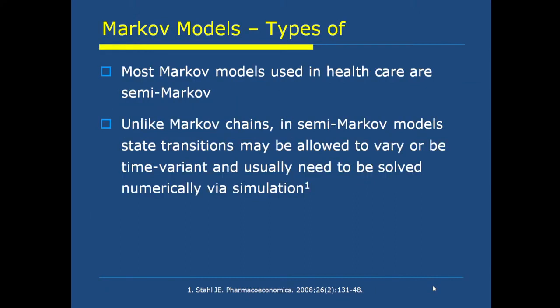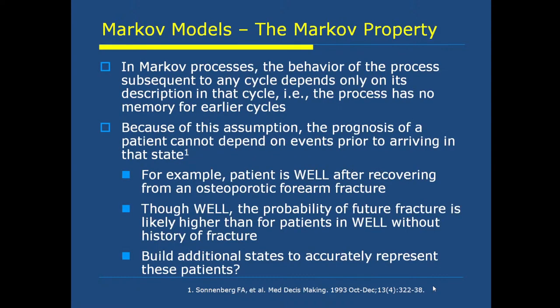Most Markov models used in healthcare are semi-Markov. Unlike Markov chains, in semi-Markov models, state transitions may be allowed to vary or be time variant, and usually need to be solved numerically via simulation.